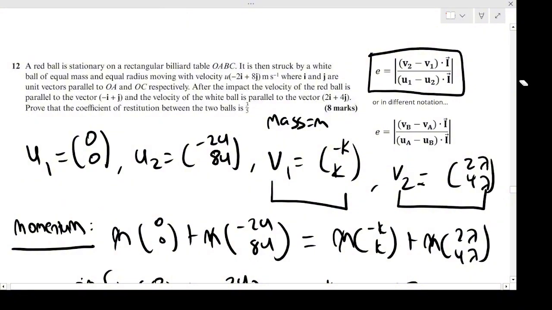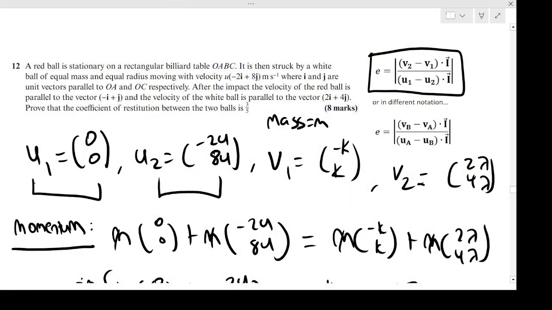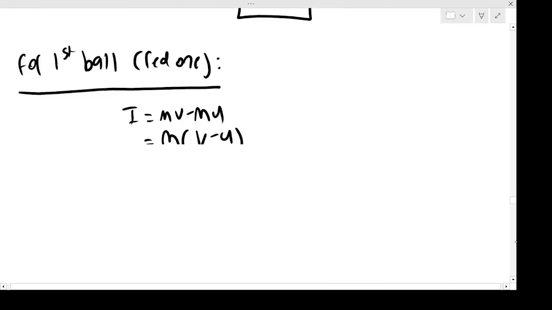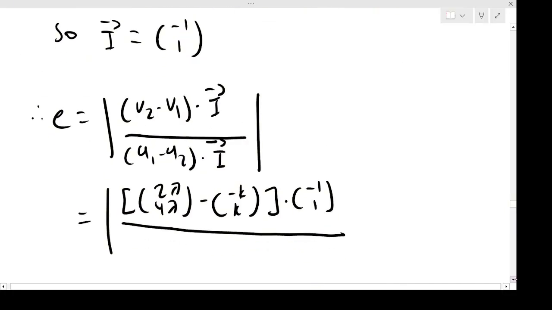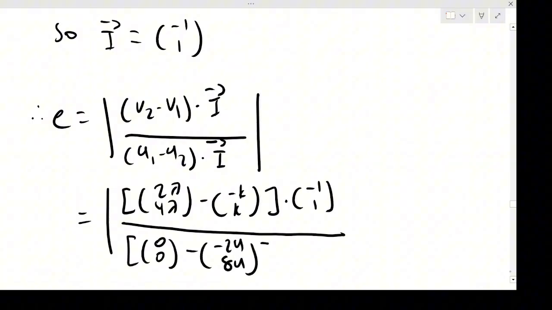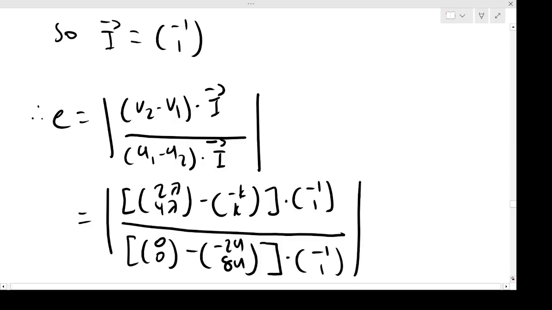Well, U1 is 0, 0, U2 is minus 2u, 8u. So I'm going to take away 0, 0 from minus 2u, 8u. Again, I'm then going to dot all of that by minus 1, 1, my impulse direction vector.